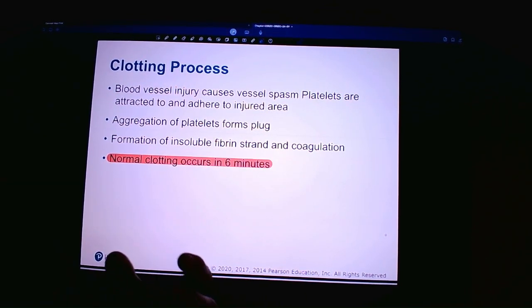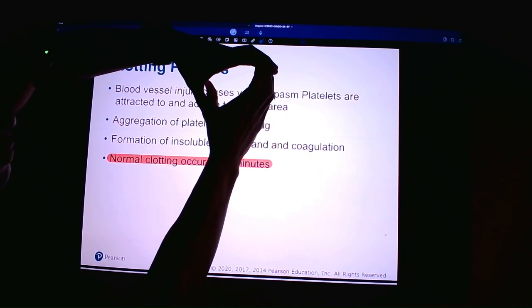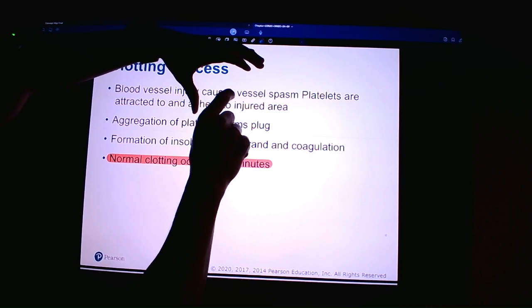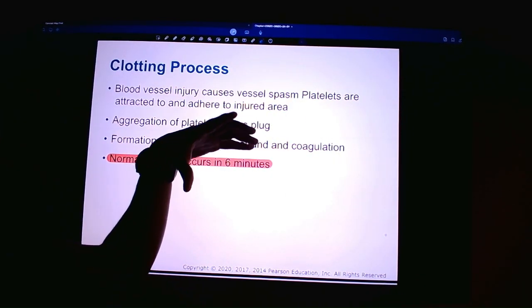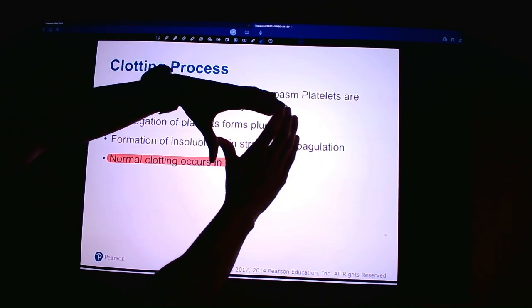Because if you break a piece of a clot off in, let's say, a big artery, and the artery was this big and the clot was already around half of its diameter, and a little piece of that clot breaks off and starts circulating somewhere else, what happens if it goes to an arteriole?